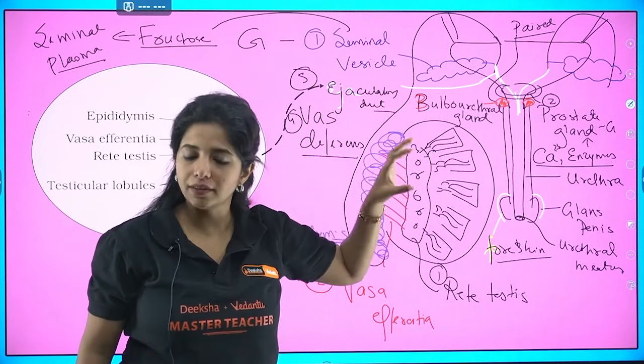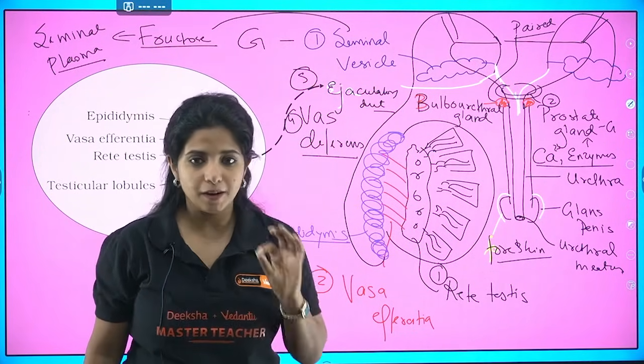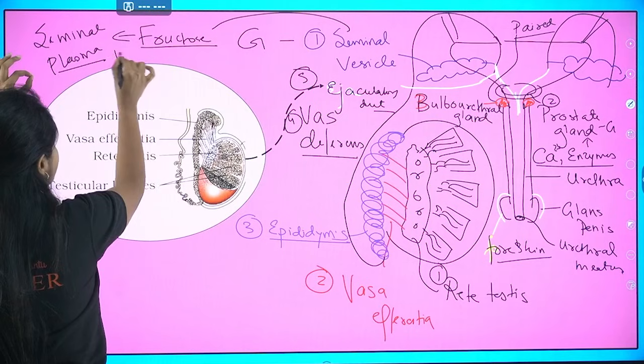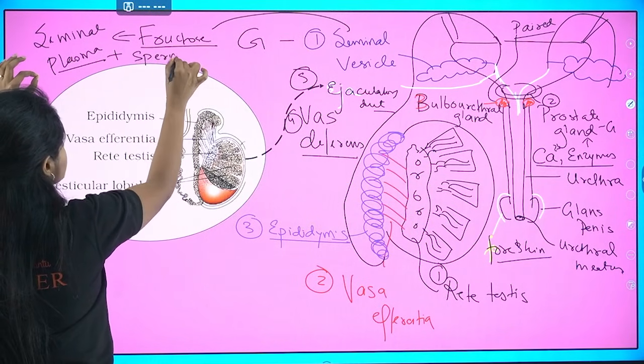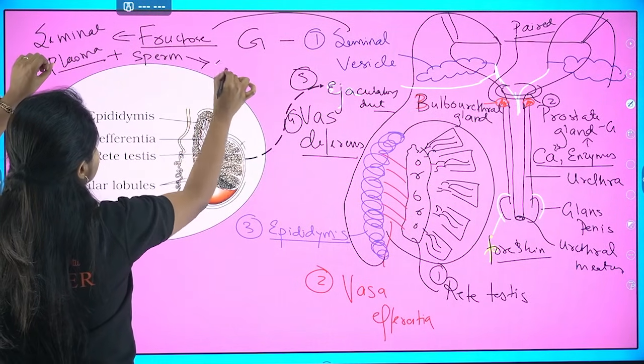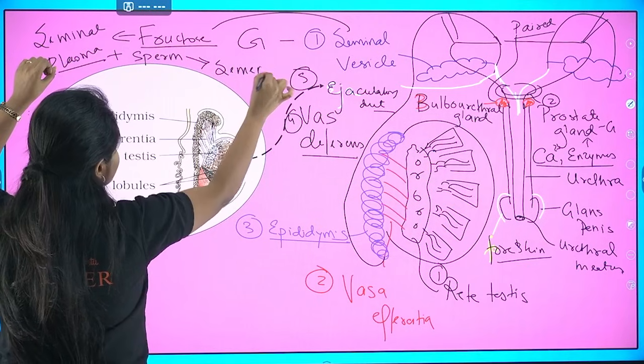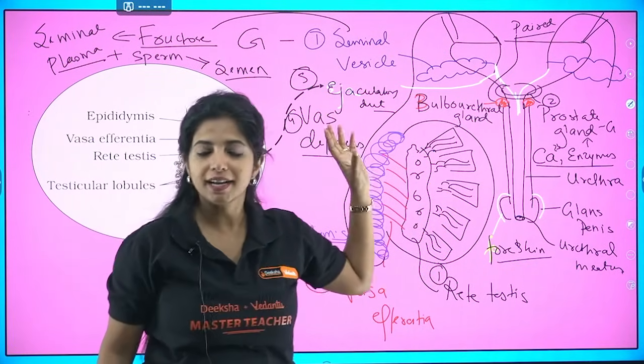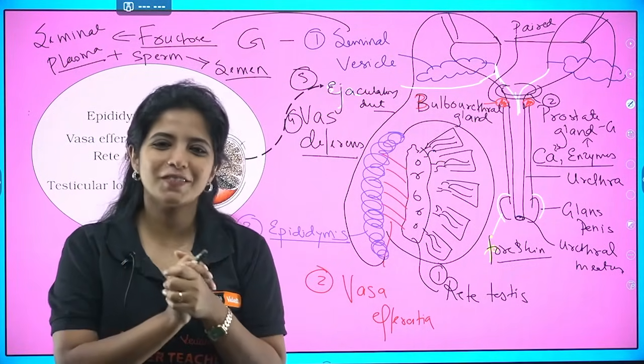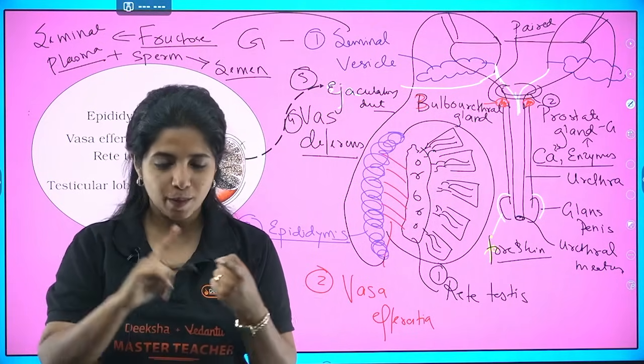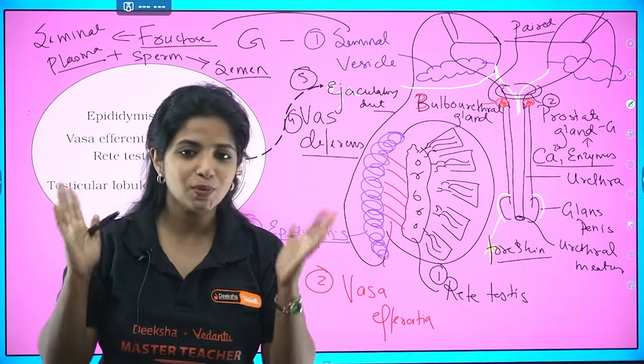All three glands together give us seminal plasma. Now, seminal plasma plus sperm is known as semen. As simple as that: seminal plasma plus sperm equals semen.